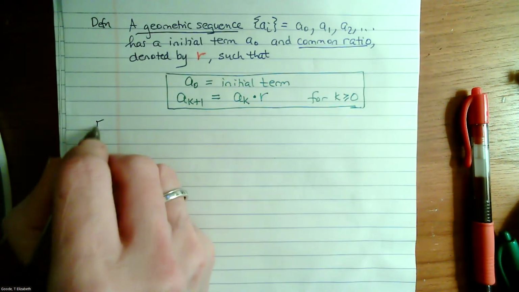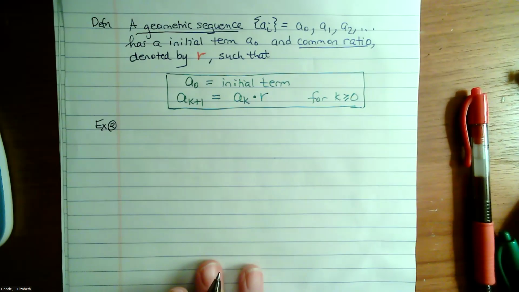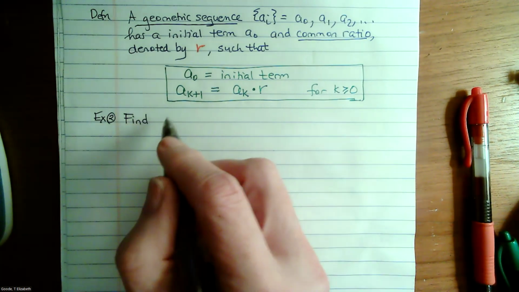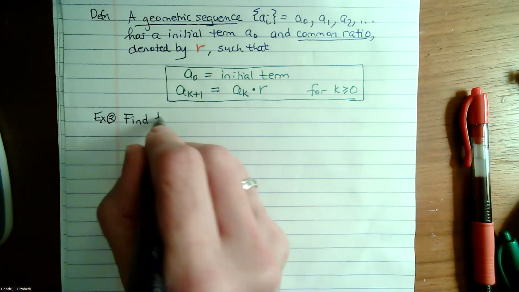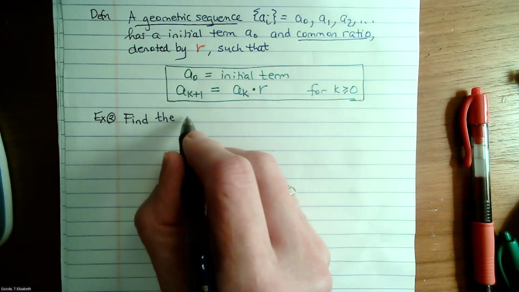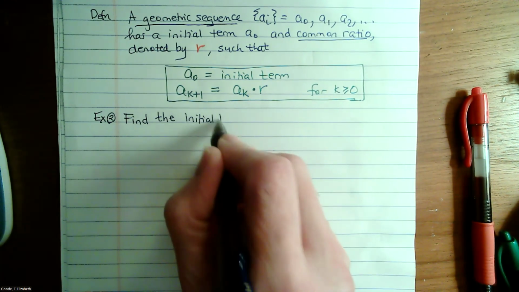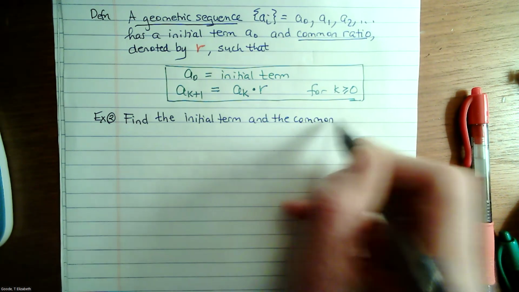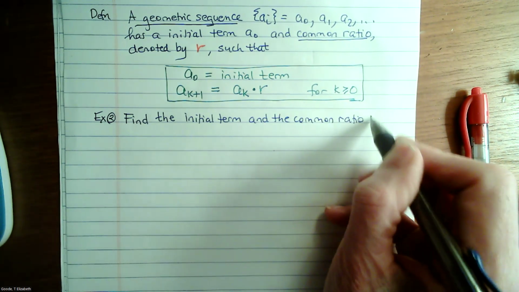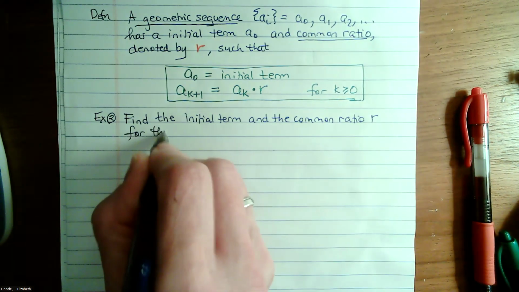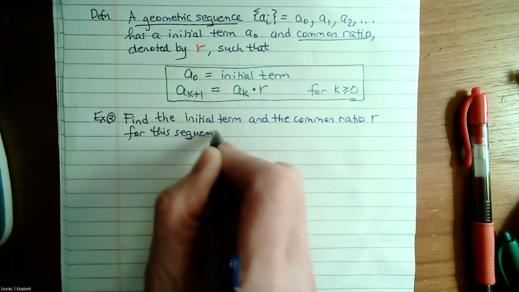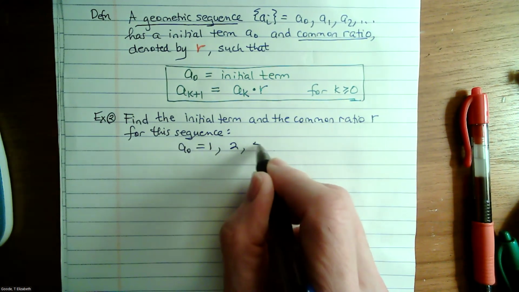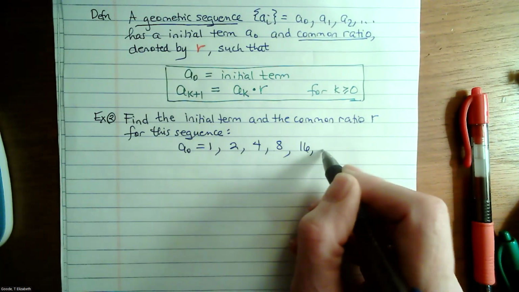So we're going to look at an example that's slightly easier than the example we saw in our little quiz, because it was a sort of complicated geometric sequence where we were multiplying by a negative common ratio. But here, let's find the initial term and the common ratio, R, for this sequence. a naught is 1, 2, 4, 8, 16, dot, dot, dot.